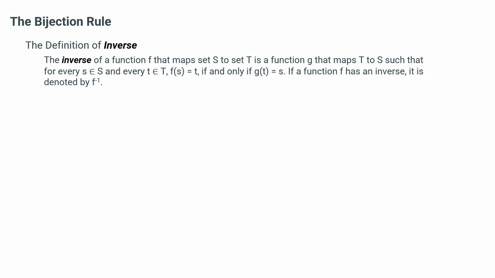If a function f has an inverse, we'll usually call it, instead of g, f with a -1 up there, which means that's the inverse of f. So let's look at an example here.